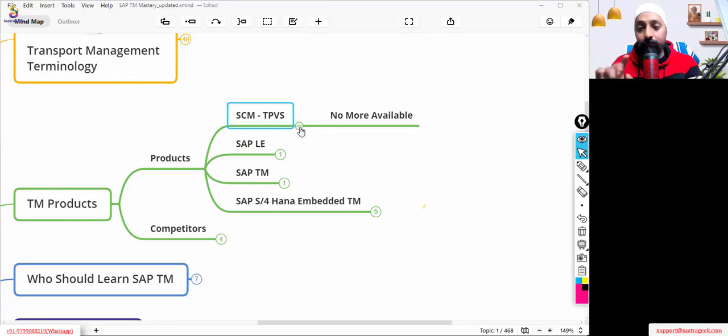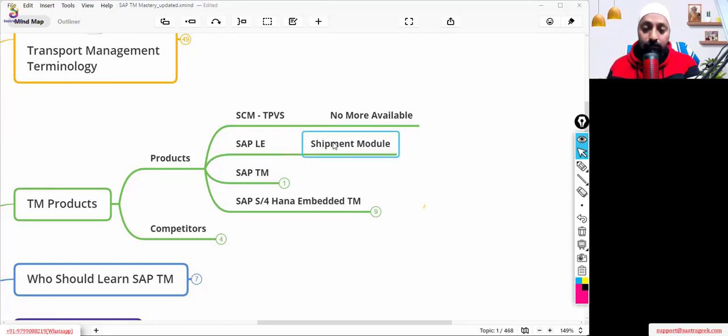TPVS has been stopped and is no more available, but that was the first solution from SAP on transport management. SAP LE is a solution which also has a shipment module. Then we have SAP TM, and then embedded TM. So these are the multiple offerings available.